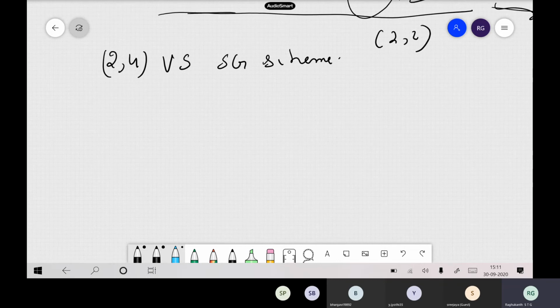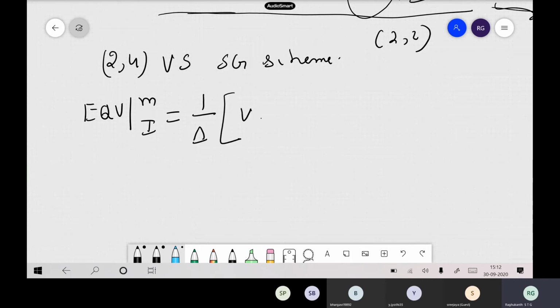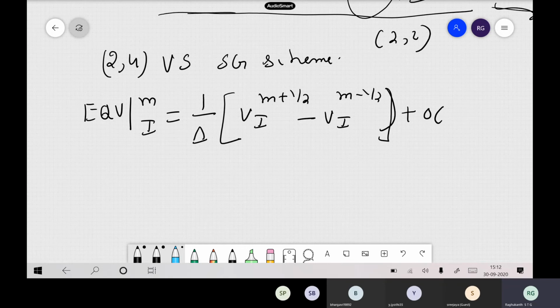So what we try to do is, these are our equations. The equation, whatever equation we are having, 1 by delta, v at i, m plus half, minus v at i, m minus half, plus order of delta square, equals minus b times dou sigma by dou x at m and i.